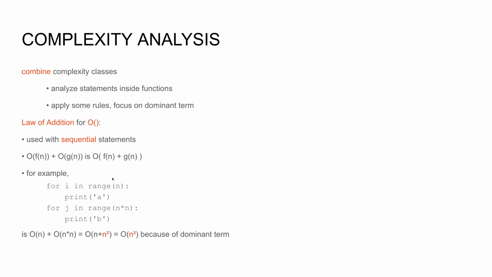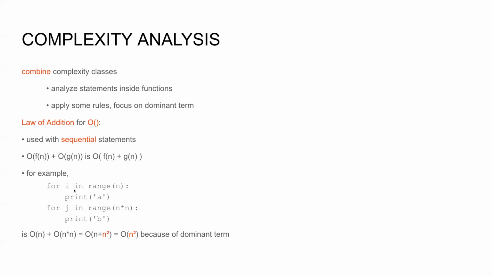There are some additional laws for big O notation. If two functions, f of n and g of n, are independent of each other, and they're sequential, then the overall big O is the sum of these individual operations.